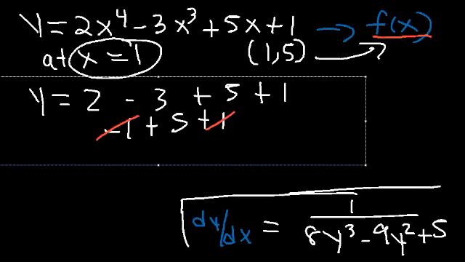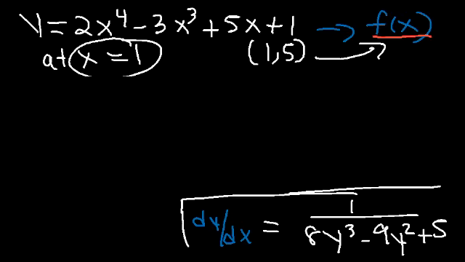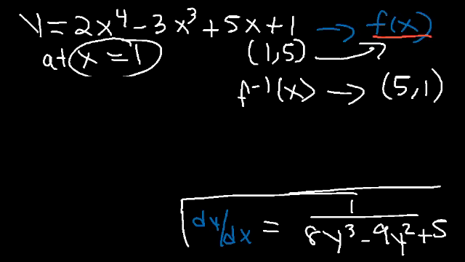So what is the point that corresponds to the inverse function? For the inverse function, we have the point (5, y). The y value is 1, which is the x value of f of x. So basically, this point that you're given, you're going to use it anyway. You're just going to plug it into this equation.